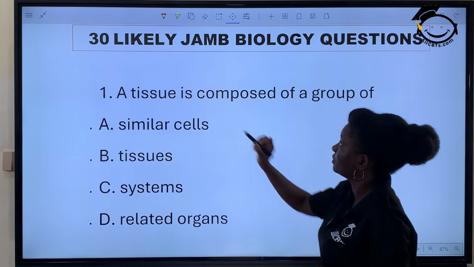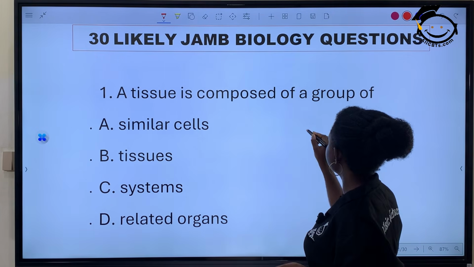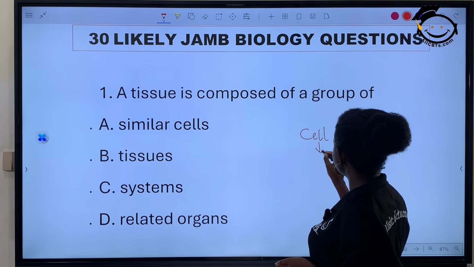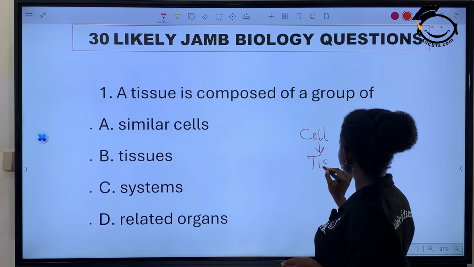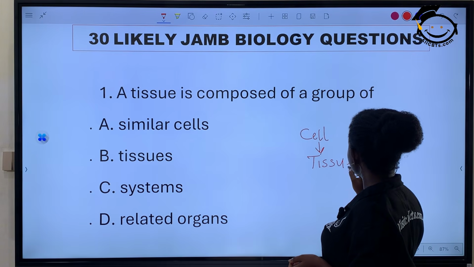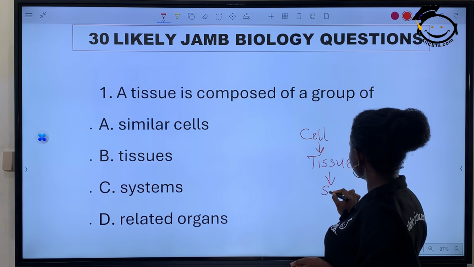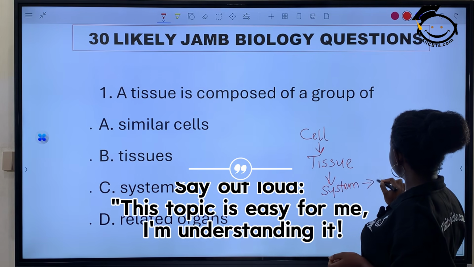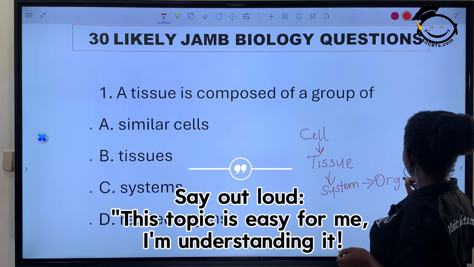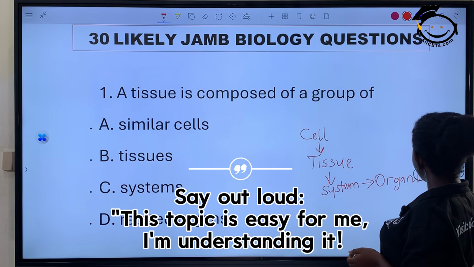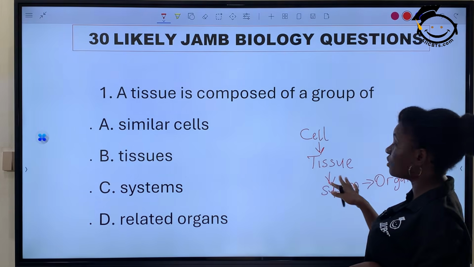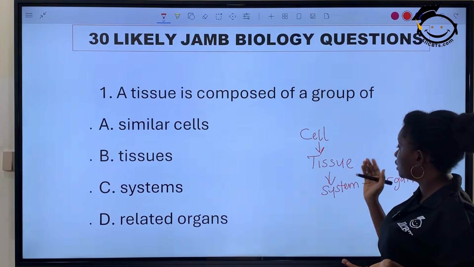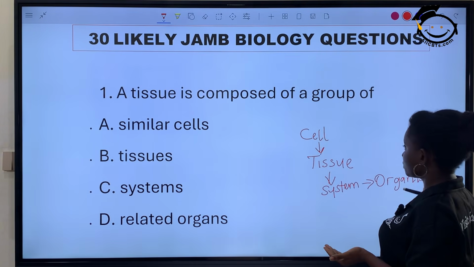So we have from cell to tissue to system, then to organism. Alright, so this is the level of organization. We have from cell, which is the basic unit of life, to tissue, to system, to organism.